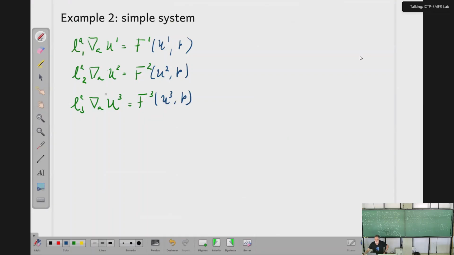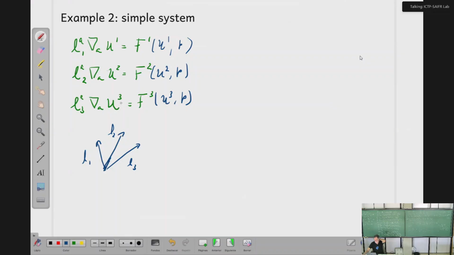So you can solve each one independently. So at every point I will have 3 vectors, L1, L2, L3. And the matrix, right, is a diagonal metric because I have three things here. So there is a metric for U1, a metric for U2, a metric for U3. They are diagonal.